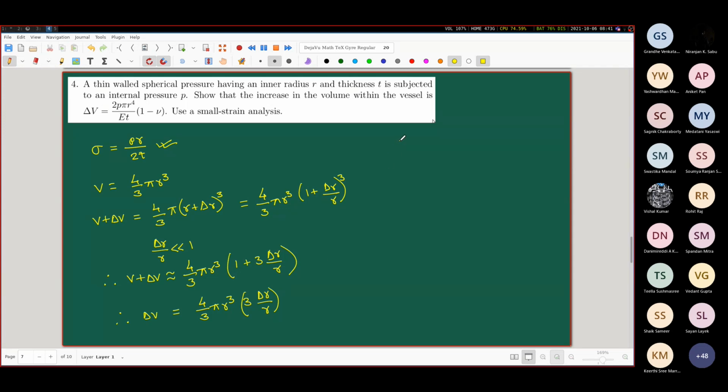So we can use our epsilon theta theta. So epsilon theta theta is what? Tell me. So 1 by E, sigma theta theta minus Poisson ratio mu times the sigma RR and sigma ZZ. No, that is why I asked. Think again and say, what is Z here? This is a spherical pressure vessel, man.